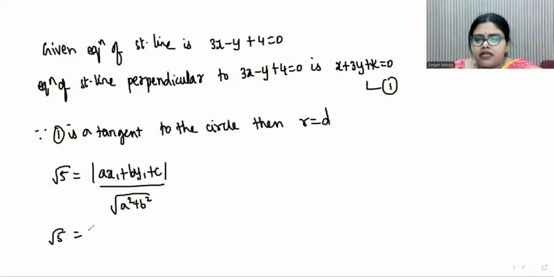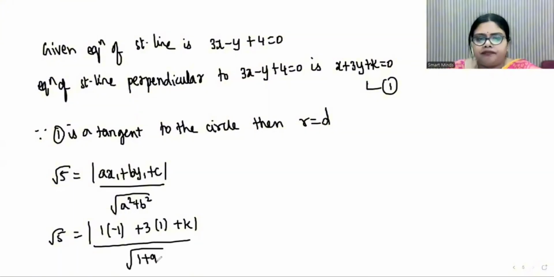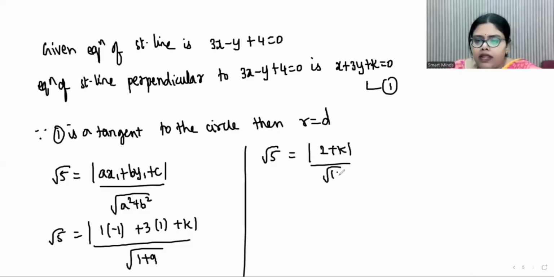So root 5 is equal to mod a is 1, x1 is minus 1, b is 3, y1 is 1, c is k, by root 1 plus 9. So that is root 5 is equal to mod 3 minus 1 is 2 plus k by root 10.